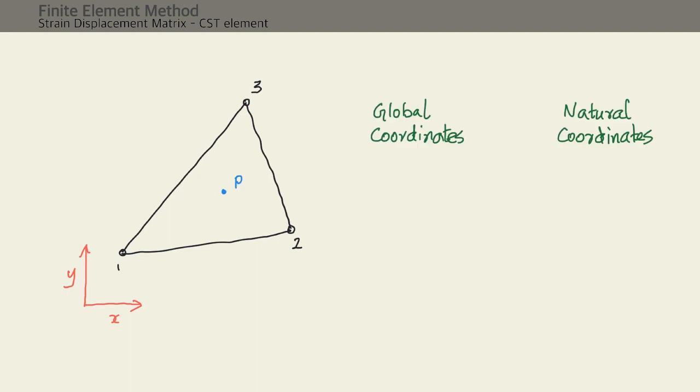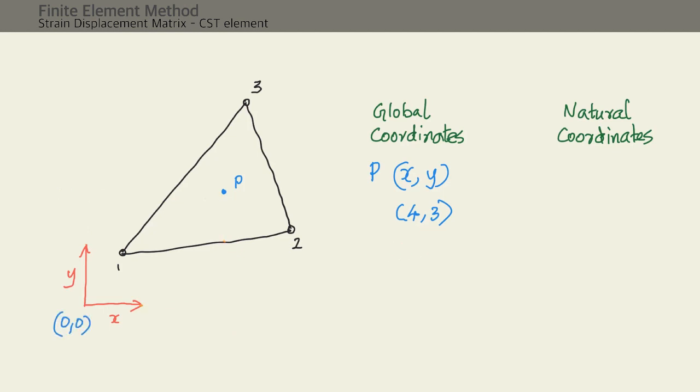If you want to mark a point P in the global coordinate system, we will just specify the x coordinate as well as the y coordinate. As an example, if our x value is 4 and y value is 3, we will mark the x and y as 4, 3.